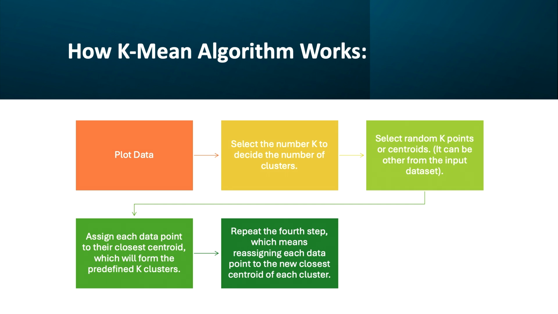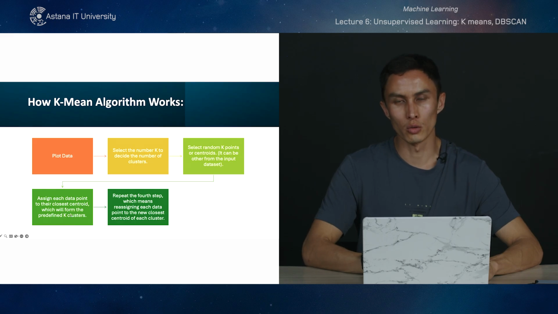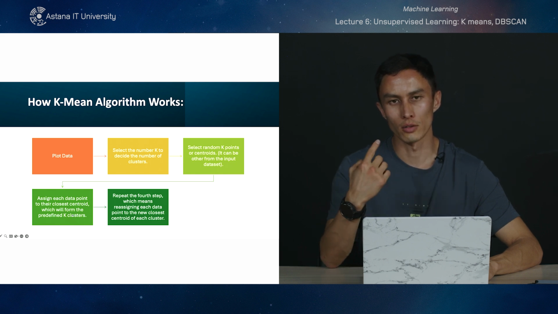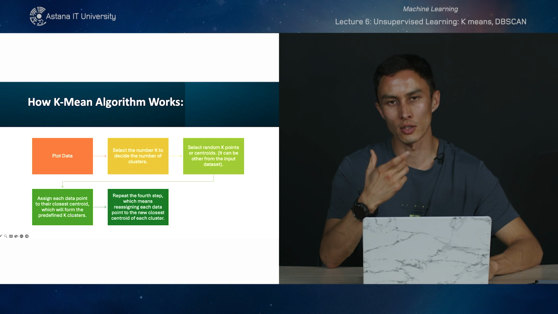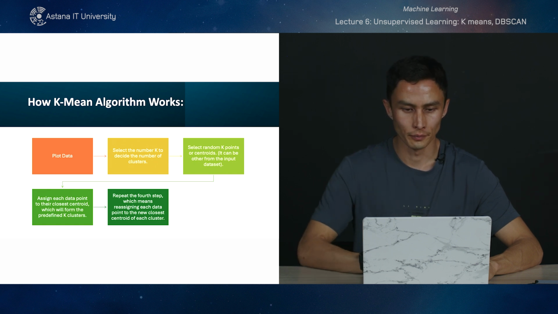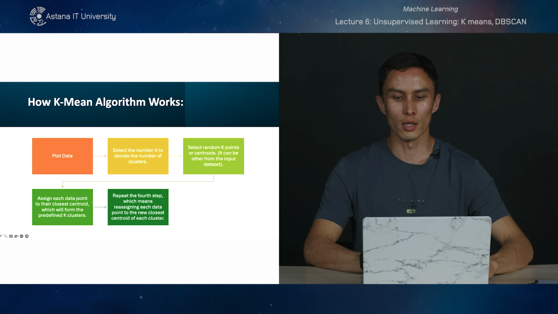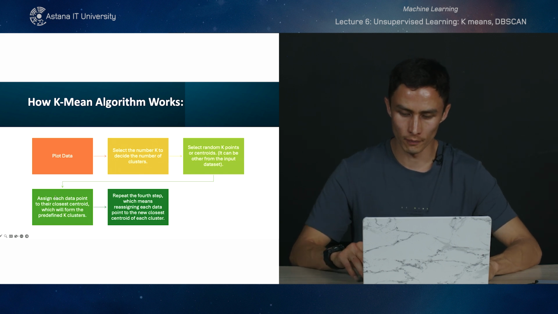Based on the centroid, it calculates the distance for 3 random numbers. Then it will classify the 3 closest points as one cluster. We repeat this step again and again.